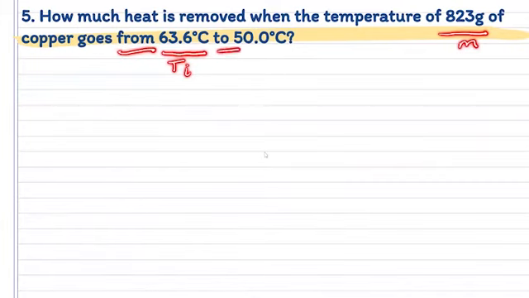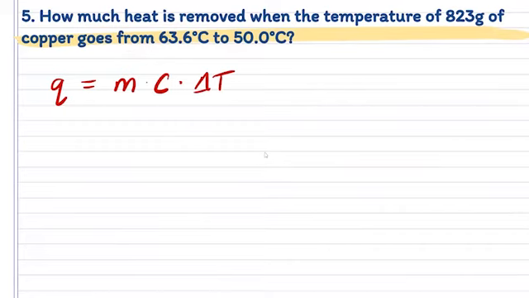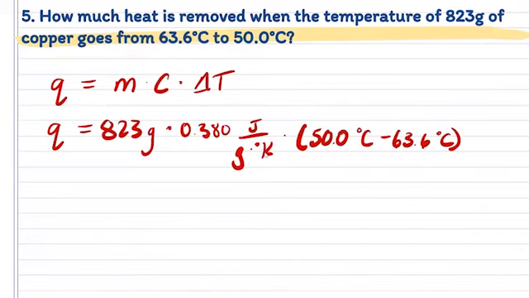And to 50.0 degrees Celsius, well, that's going to be T final. So using my relationship, heat is equal to mass times specific heat times change in temperature. Plugging those numbers in, we know our mass. My table lets me know my specific heat. And now my change in temperature, T final minus T initial.